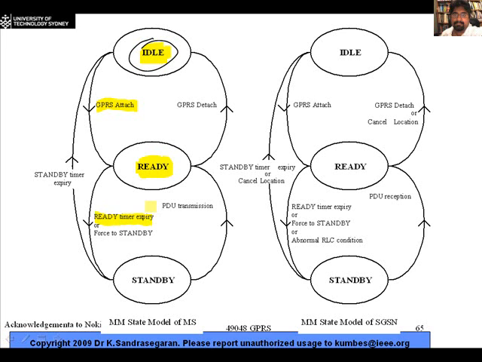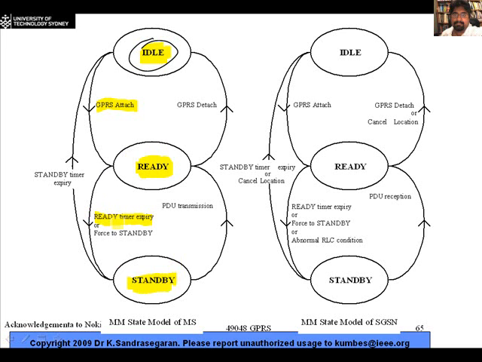When the timer expires, after being in the ready state for maybe of the order of 15 minutes without transmitting any data, the mobility management mechanism moves you on to something called a standby state, where you are consuming less resources in the network.